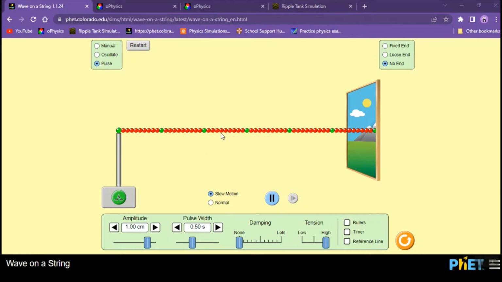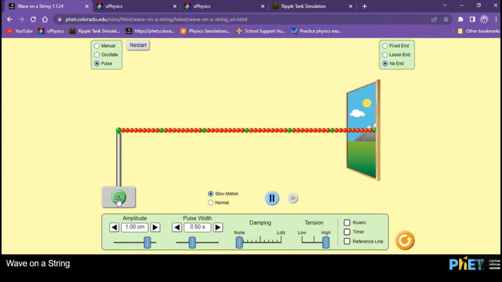Now, a wave is the transfer of energy through a medium. So if I do this, I create a disturbance in my medium. So I transfer energy by making the medium move up and down.